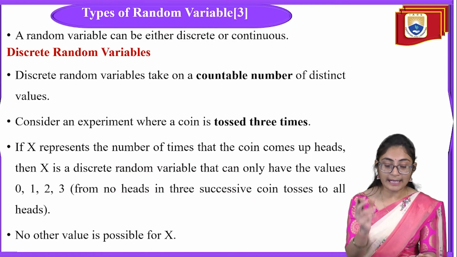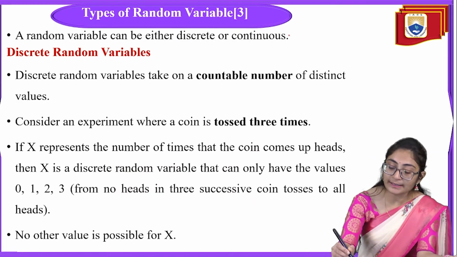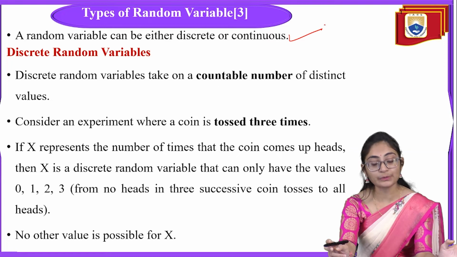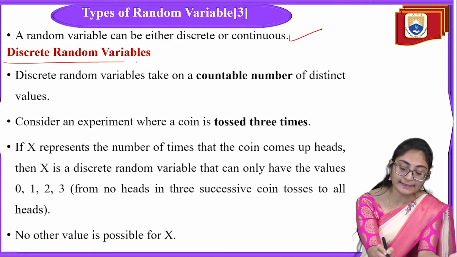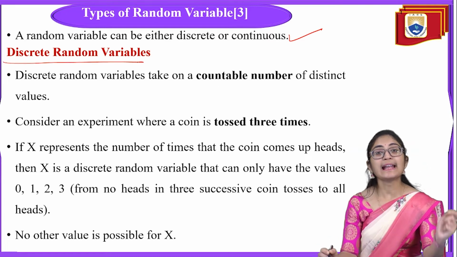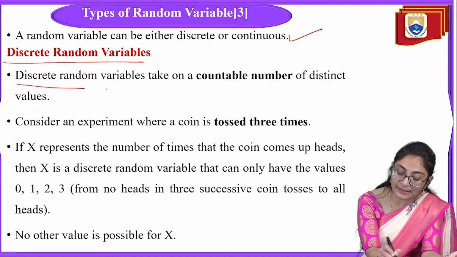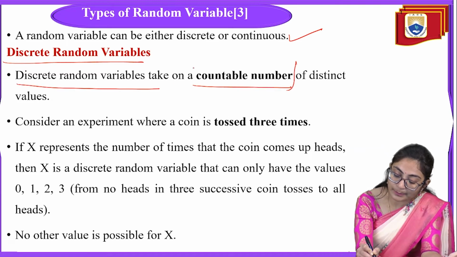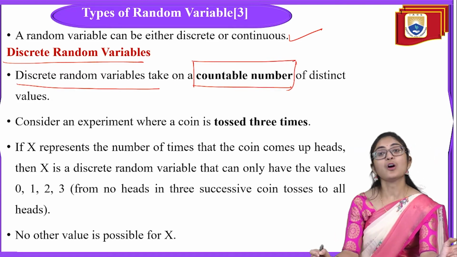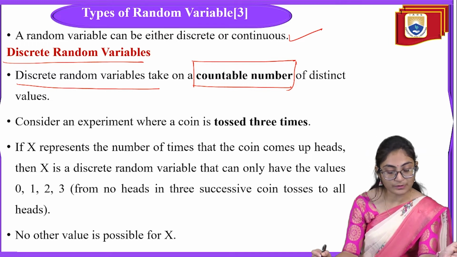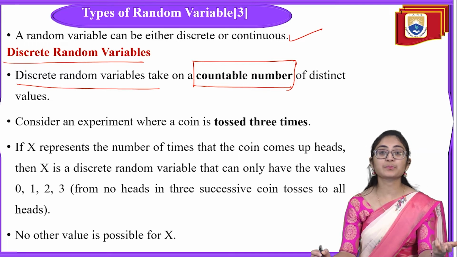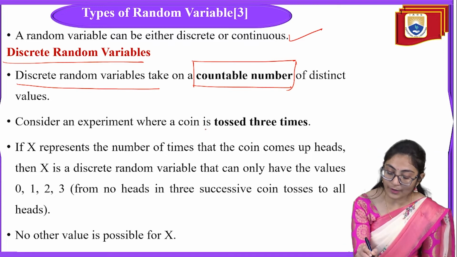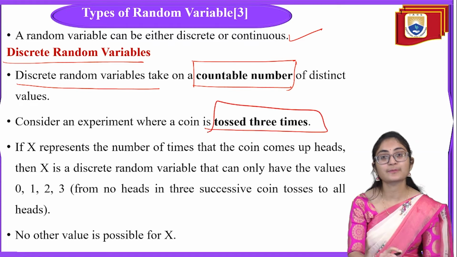Now, a random variable can be either discrete or continuous. First, we will see discrete random variables. A discrete random variable takes a countable number of distinct values. Consider an experiment where a coin is tossed 3 times.